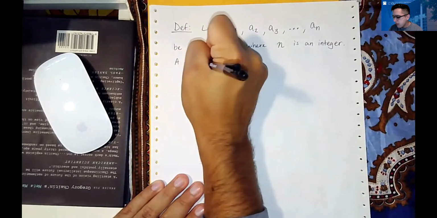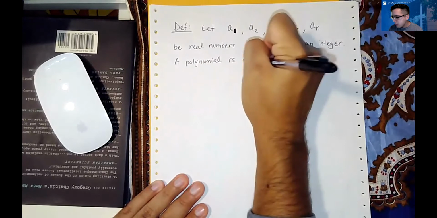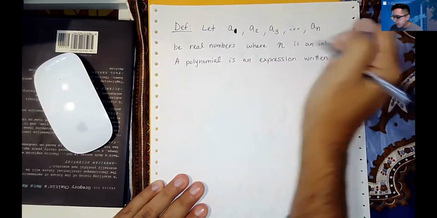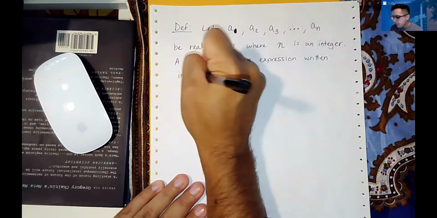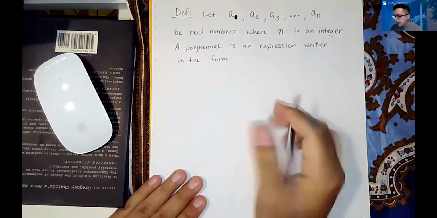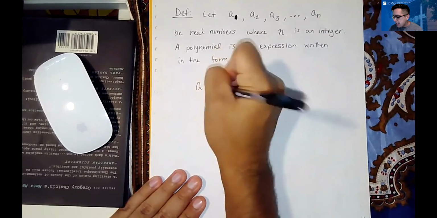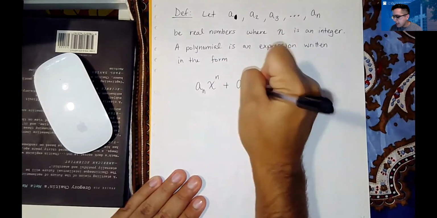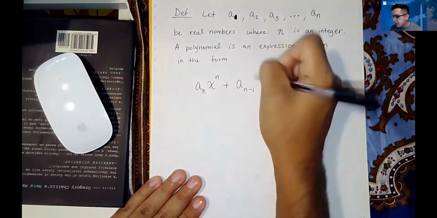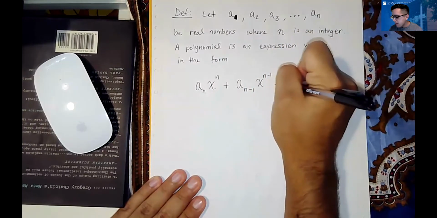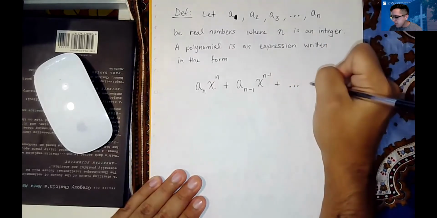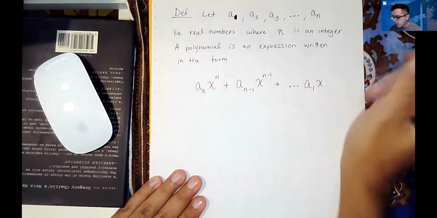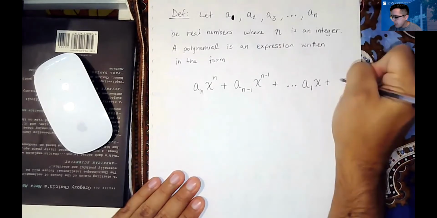A polynomial is an expression written in the form, and then they will do something crazy like this: a sub n times x to the n power plus a sub n minus 1 times x to the n minus 1 power plus ... and then a sub 1 times x to the 1, but we don't have to show the 1, plus a sub 0.